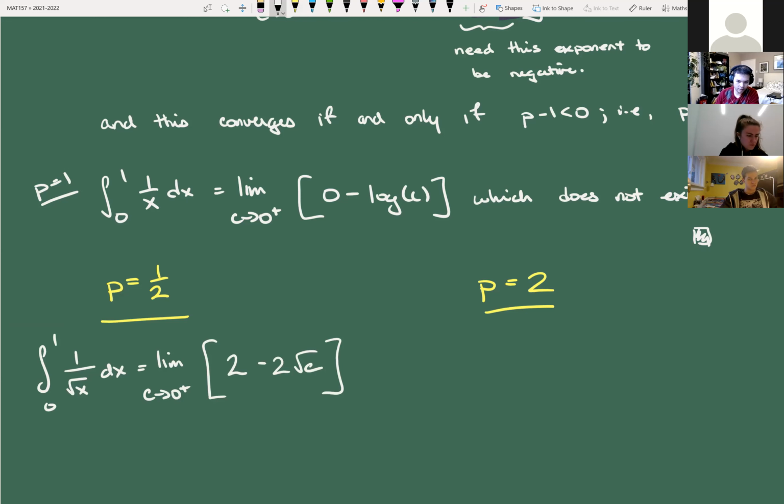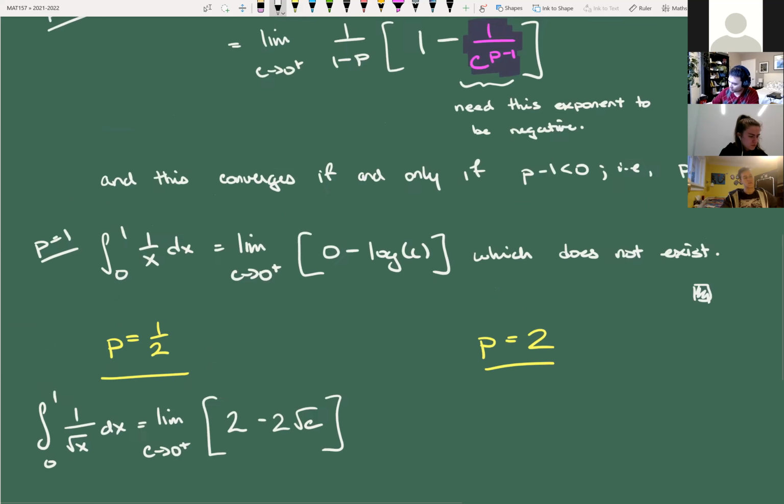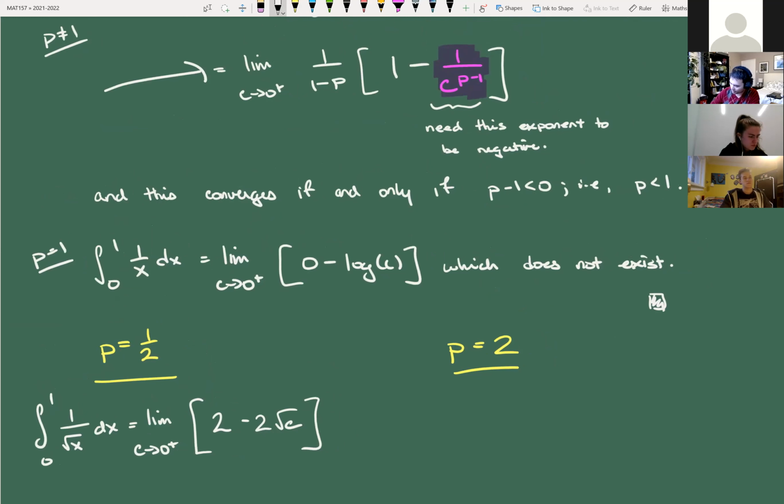Does that make sense? That's basically me going up to this equation and plugging in p equal to a half. And this definitely converges because the square root of c, as c approaches 0 from the right, totally exists. So this is just going to be equal to 2.